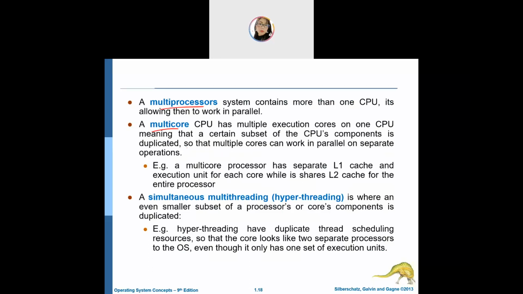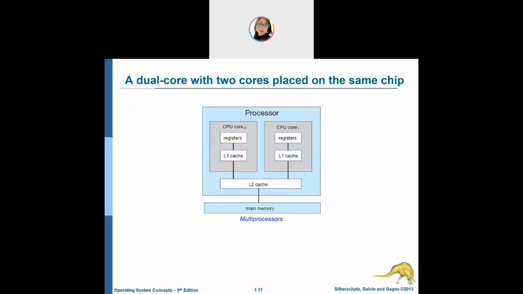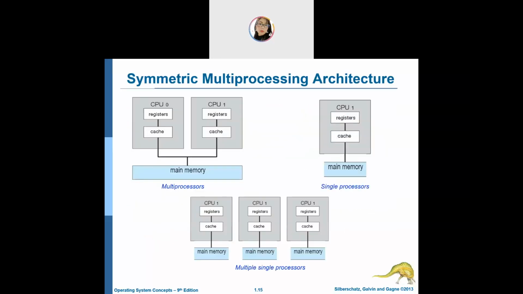So no need for us to go one by one directly, because this segment you already learned in your module 6 or 7 in terms of cache. You can see, if you still remember, that you have L1 and L2. And another one, simultaneous multi-threading or hyper-threading.